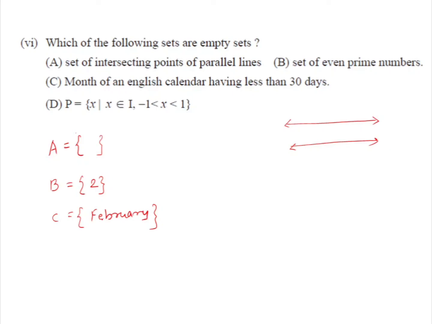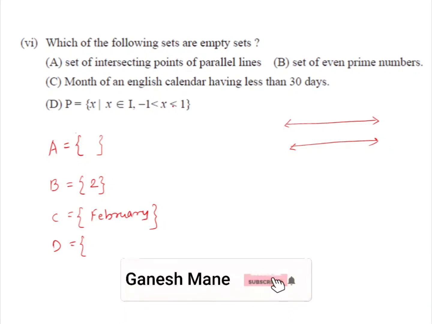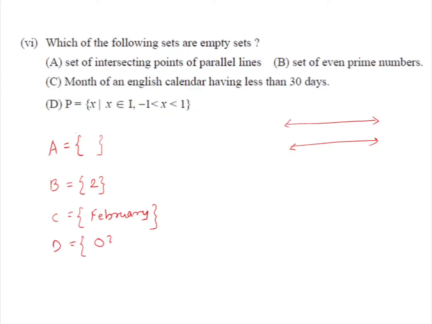So it also has one element, that's February. And now we have to collect such integers such that -1 is less than x is less than 1. That means we have to collect all such integers which are greater than -1 and less than +1. So that integer is 0, because 0 is greater than -1 and 0 is less than +1.